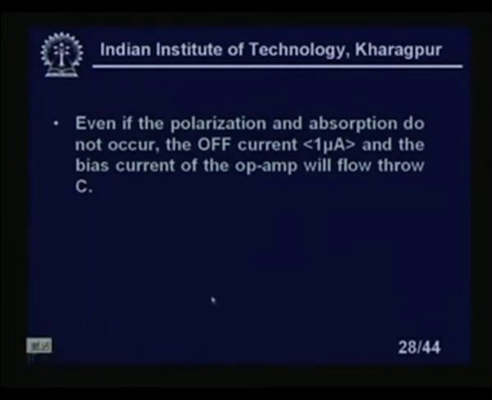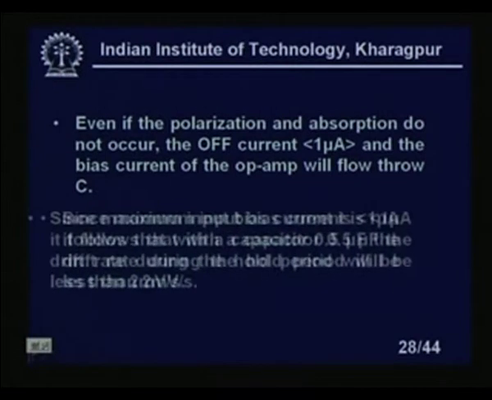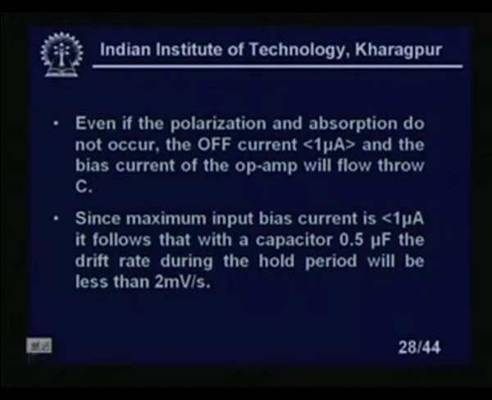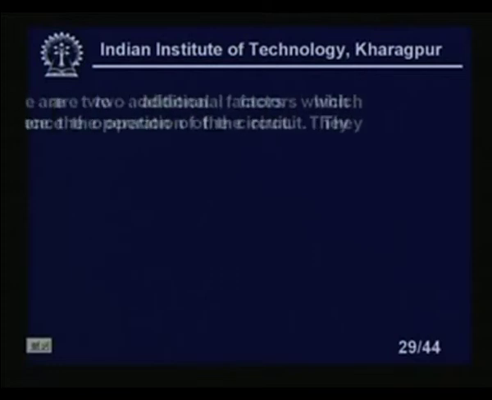Even if polarization and absorption do not occur, the off current of the switches, which is less than 1 microampere, and the bias current of the op amp will flow through the capacitor C, right. That is the problem. Since the maximum input bias current is less than 1 microampere, it follows that with a capacitor of 0.5 microfarad, the drift rate during the whole period will be less than 2 millivolt per second.